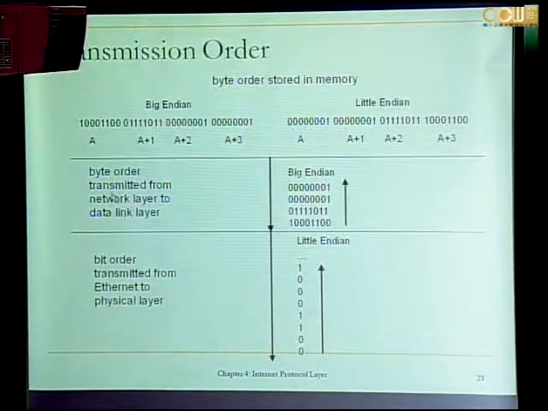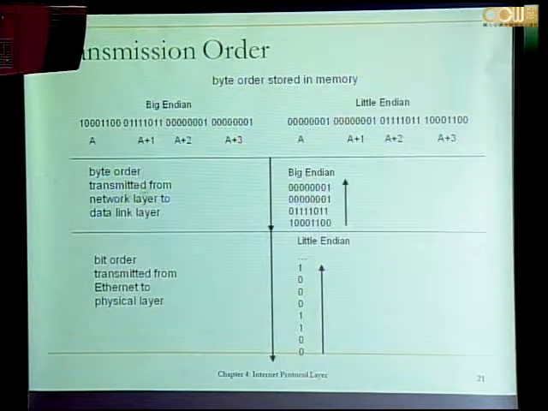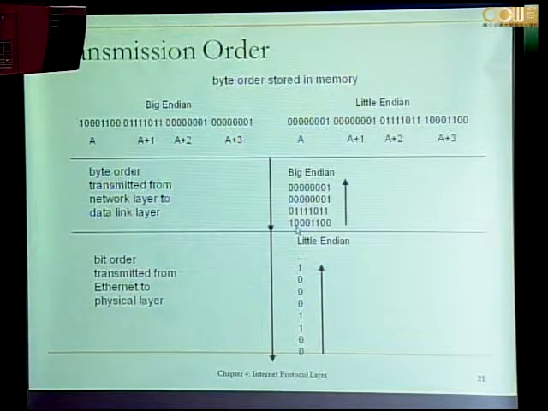And when it's transmitted to the network, you need to consider the byte order and also the bit order. The byte order is about the order in which the network layer passes the bytes through the link layer. If it's big endian byte order, it will pass the high order byte first.